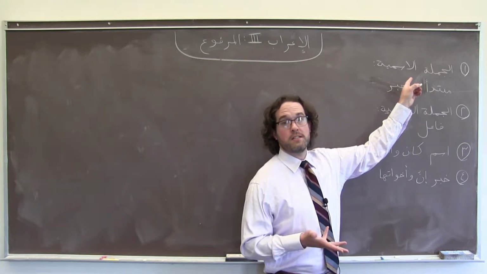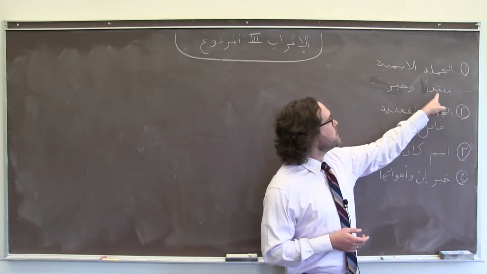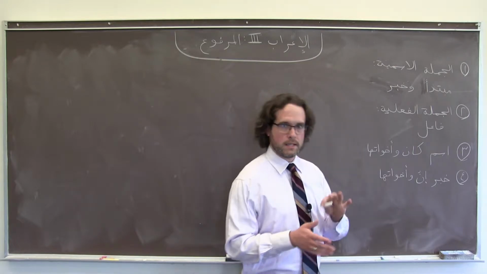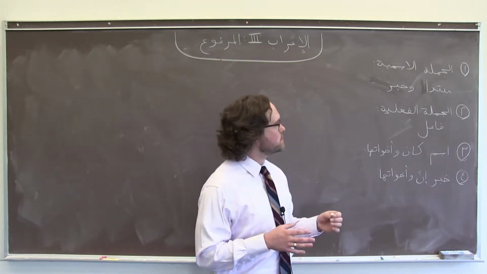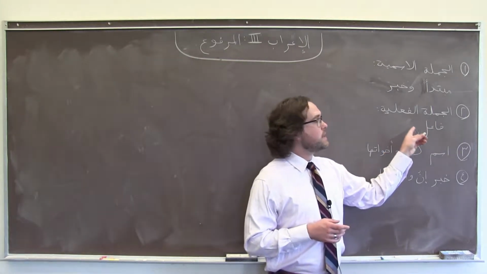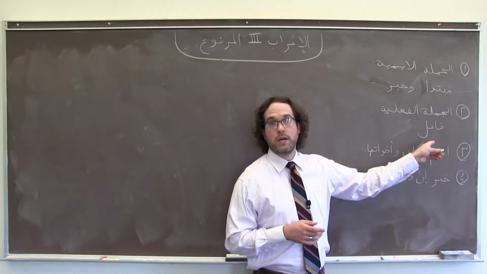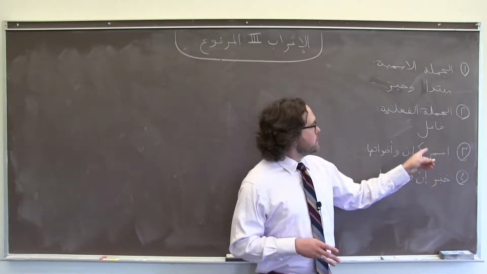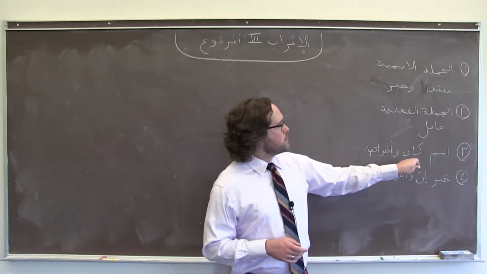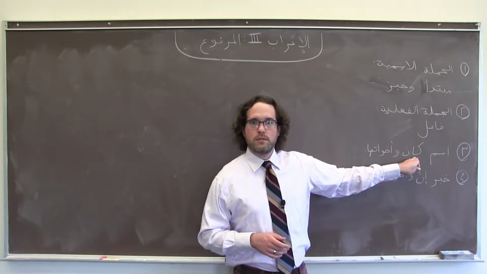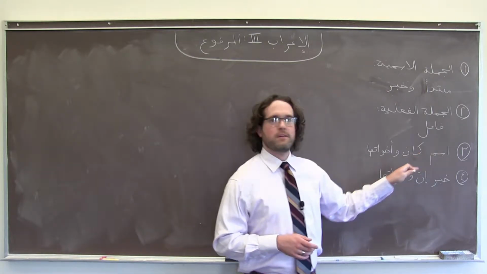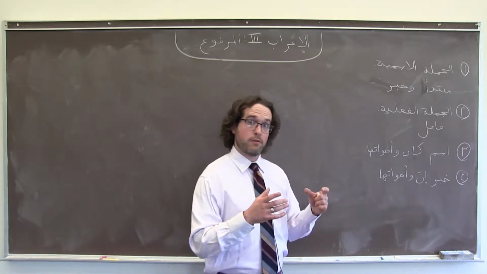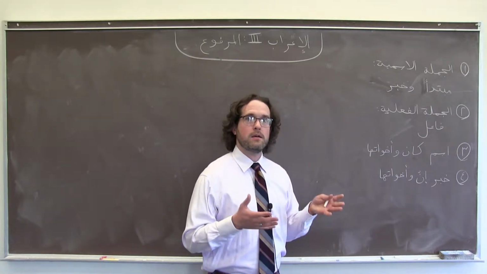Some specific examples of when we typically use marfu'a in a sentence are in a jumla ismiya, a nominative sentence. Both the mubtada and the khabar are often marfu'a unless there's another element that makes things more complicated. In a jumla fa'aliya, a verbal sentence, the subject of the verb, the fa'il, will typically be marfu'a. In a sentence with kana or one of its sisters, the subject of kana, or ism kana, or the subject of whatever other verb in that family, will also be marfu'a.